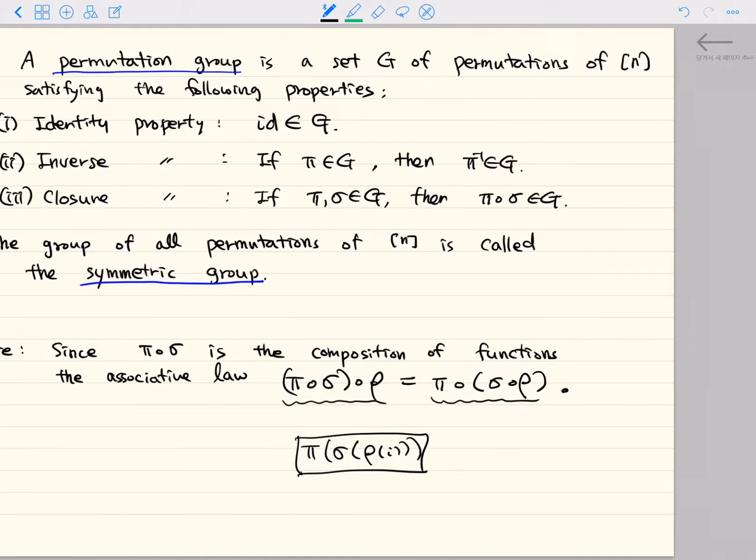And the last slide, I'm going to tell you about one very important group called the dihedral group, especially important for our purpose, because we want to discuss the symmetry of an n-gon. Let me begin with a simple example. Suppose that we have a square with 4 vertices labeled 1, 2, 3, 4.